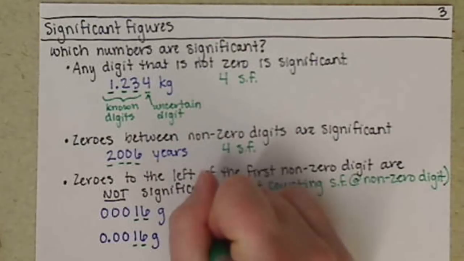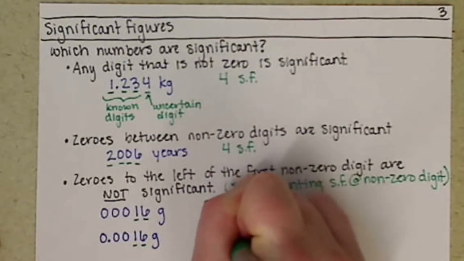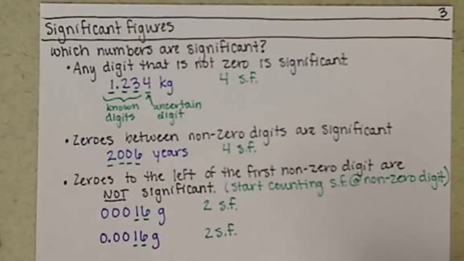So this number still has only 2 significant figures. One way to remember this is that you always want to start counting at the non-zero digit. So you go down the line, there I have a non-zero, now I can start counting my sig figs: 1, 2.